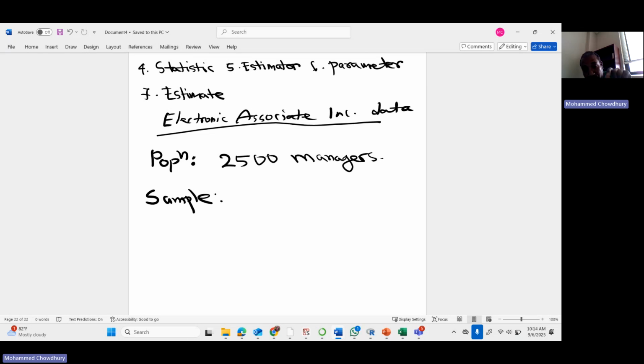The sample must be representative of the population units. The word representative must be in there. A representative part of the population is called the sample.